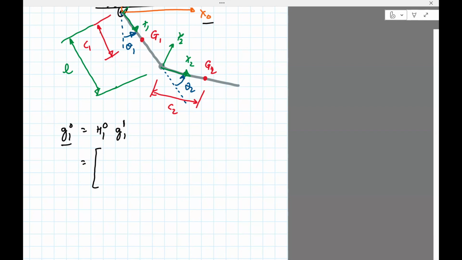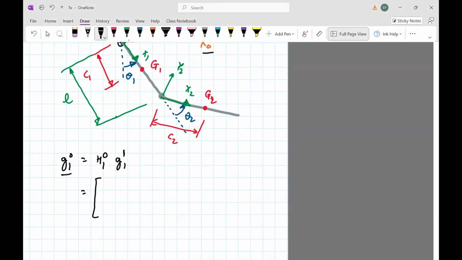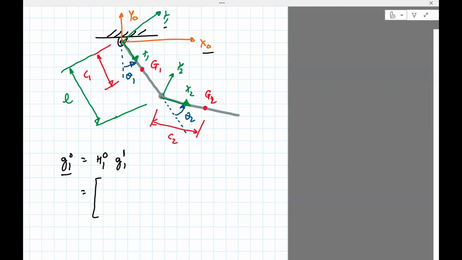To find that H1, we need to compute the angle made by x1 with respect to x0, right? So I just draw it here. X0 is here, x1 is like this. So just redrawing it over here. One thing to note is that when we're computing the angle, we always cycle in the counterclockwise direction because counterclockwise is positive. Okay, so we have to go like this. That's the counterclockwise direction.